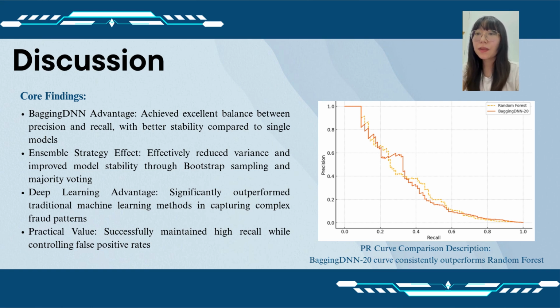Third, deep learning performed excellently in recognizing complex fraud patterns, far beyond what rule-based or shallow models can achieve. Finally, Geng DNN is highly suitable for financial deployment. It improves recall while effectively controlling false positives, helping avoid customer loss and trust issues.